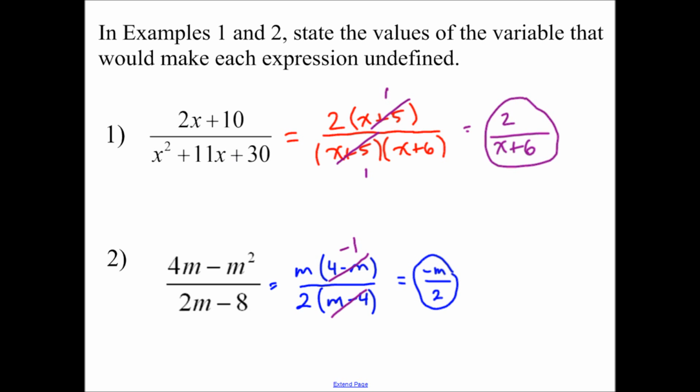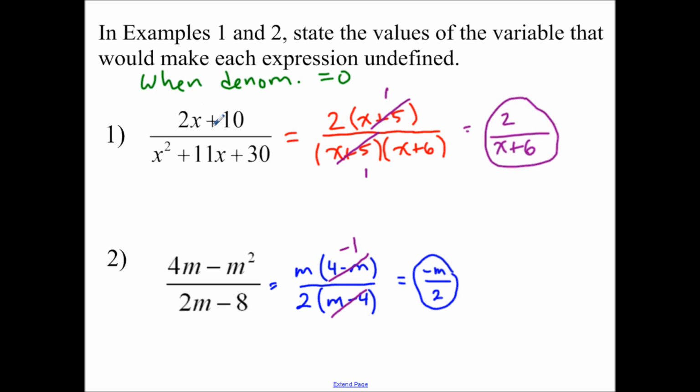So if we divide by 0, that makes the entire expression undefined. So really the key here is just to look at the denominator. What values of the variables would make the expression undefined? Well, it's when the denominator equals 0. I'm just going to abbreviate here. When the denominator equals 0, that's a problem, because we'd be dividing by 0.